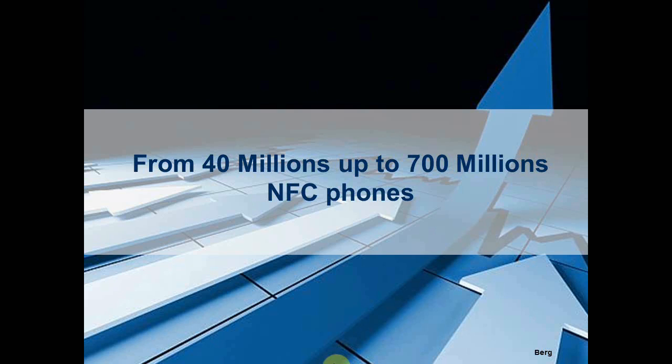The market is really taking off, and from the numbers we find today, it's clear that there is a big improvement. In 2011, for example, only around 1 million NFC phones were shipped.